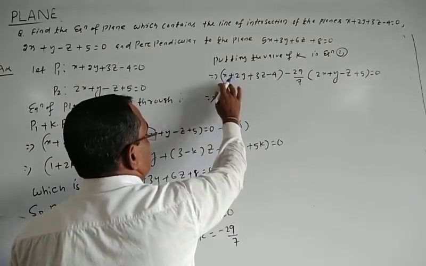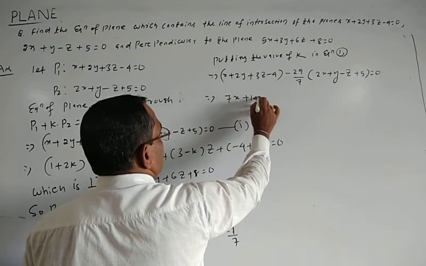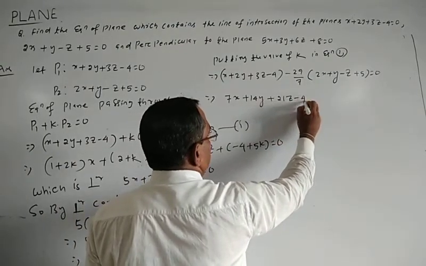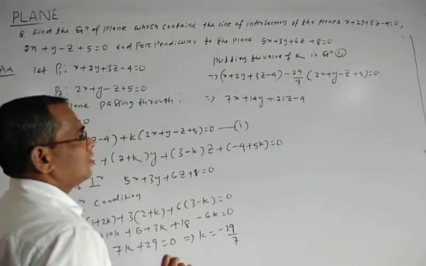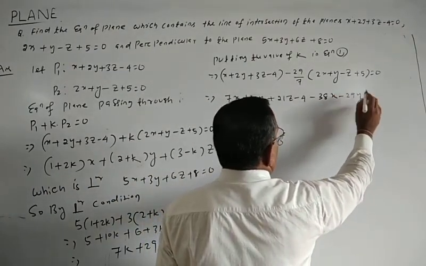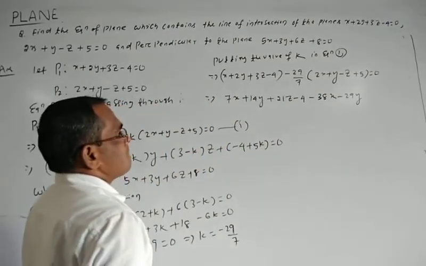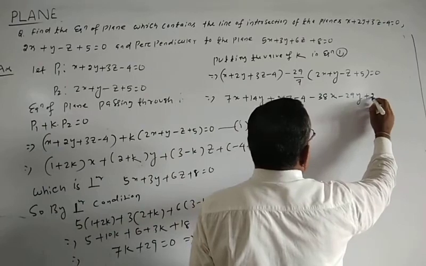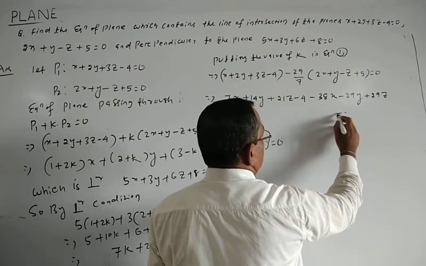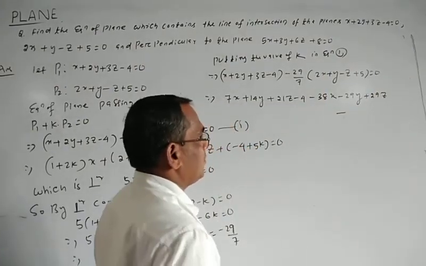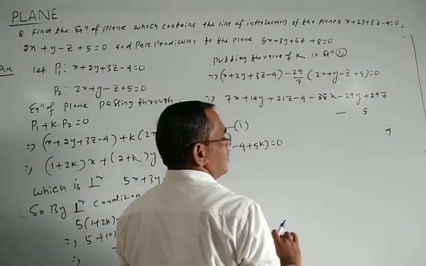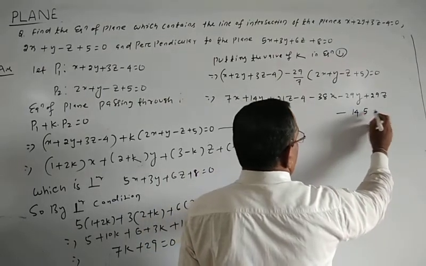That implies 7x plus 14y plus 21z minus 4, minus 38x minus 29y plus 29z plus the constant terms, is equal to 0.